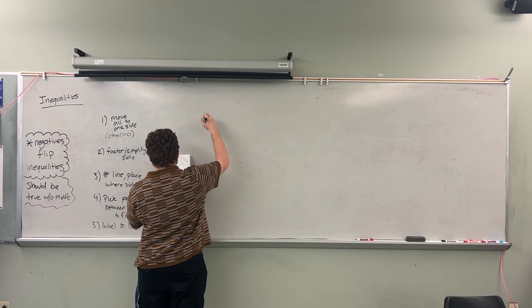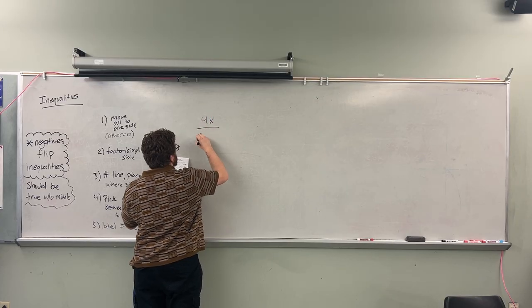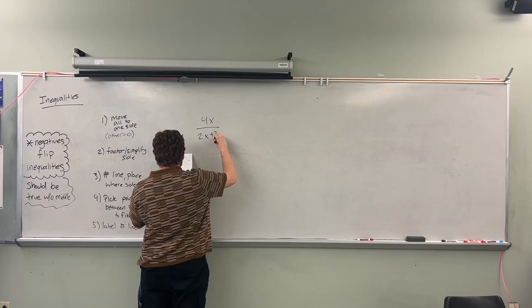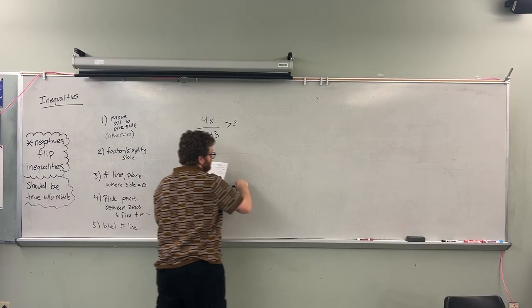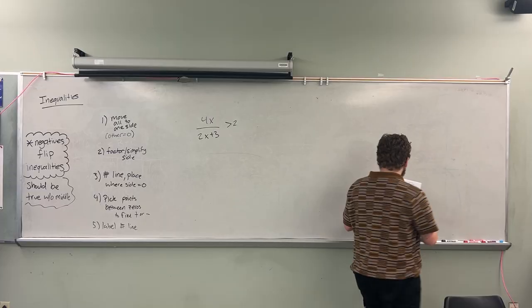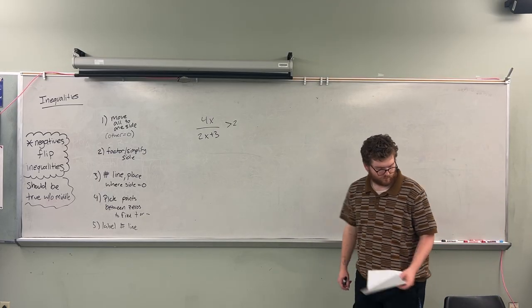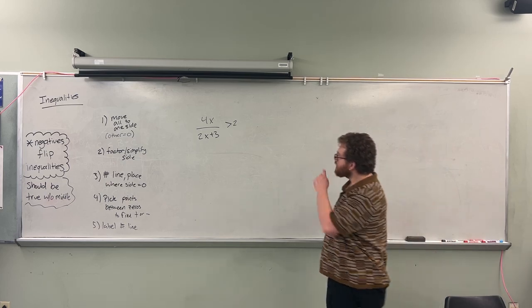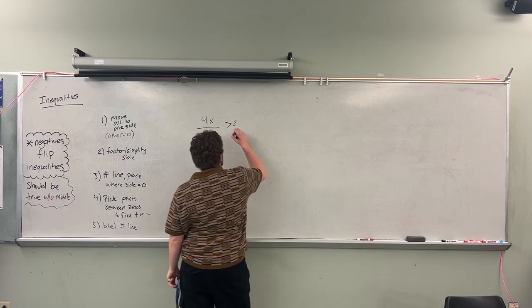That's fine. So if we have, for instance, 4x over 2x plus 3 is greater than 2, and we're trying to find all the solutions for x there. I'm going to move this over here, so I'm going to subtract 2 from both sides.